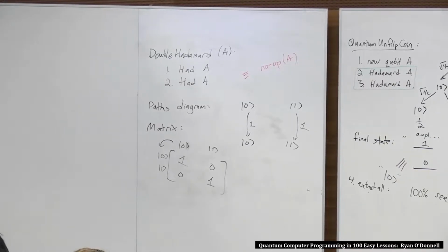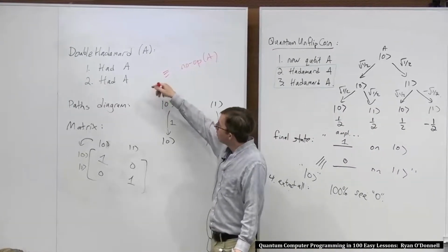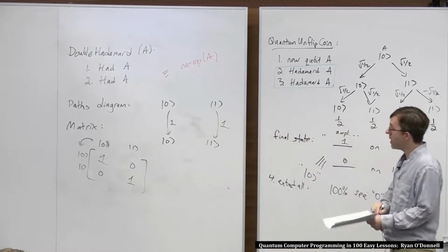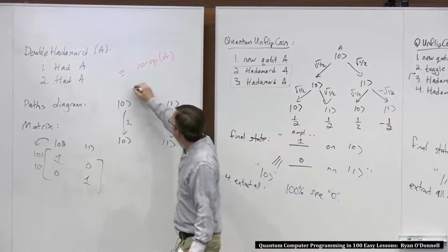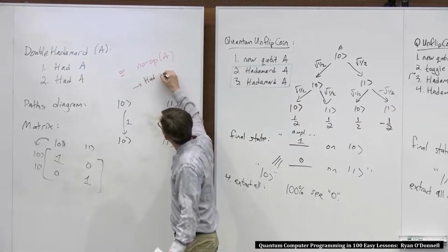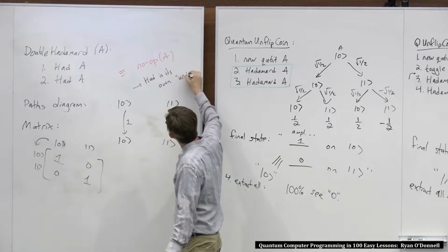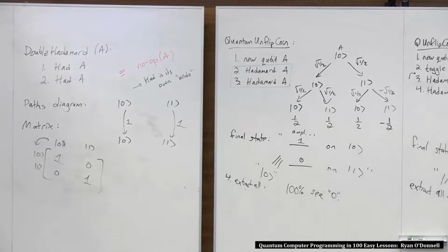And actually what that means, interestingly enough, is that from this you can infer that Hadamard is its own undo. Hadamard is undoable, and the undo of Hadamard is Hadamard. That's exactly what I mean by this sentence. If you do it twice in a row, it's equivalent to doing nothing.